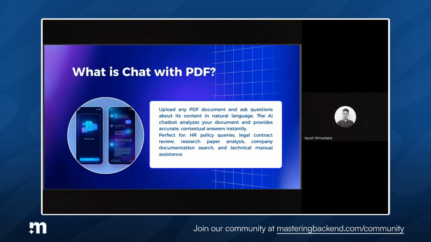Because with the help of AI, we can ask anything and the AI gives the answer in a very fast way. This is exactly what many startups and enterprises are building today.